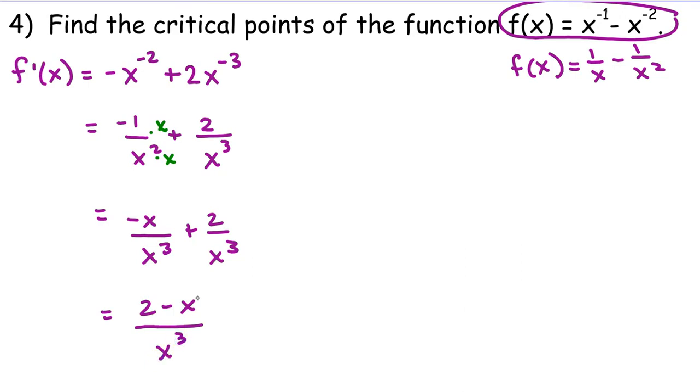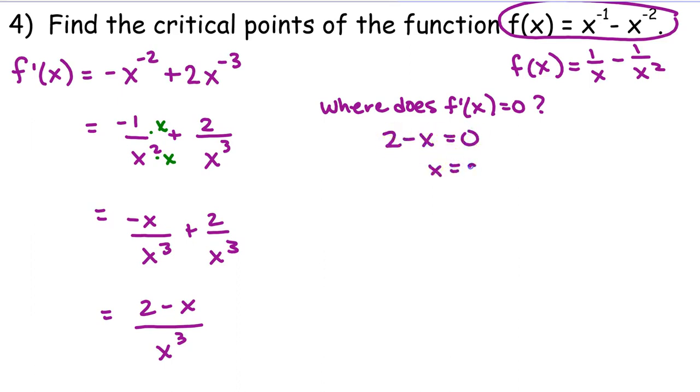Now, it's important when you have fractions to combine them into a single fraction, because if you want to know where this equals 0, you look for where the numerator is 0. So 2 minus x equals 0, x equals 2.